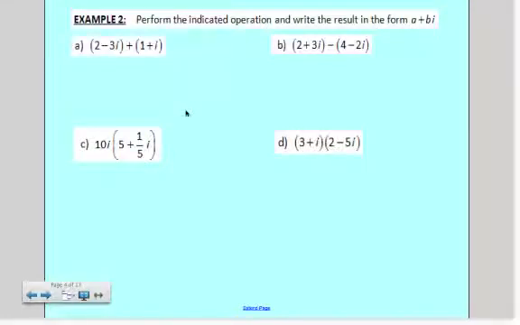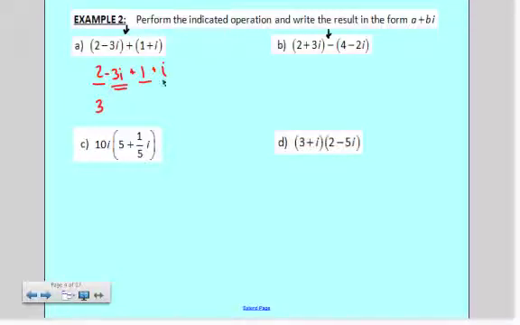Some of you have trouble noticing that you have pluses and minuses, and you would see problem A and problem B and look at those and immediately FOIL. Please notice these are not foiling problems. So in part A, we're just going to distribute a positive, so let's write it as 2 minus 3i plus 1 plus i. And we have common terms. What is common? The real part, so I can do 2 plus 1, which is 3.